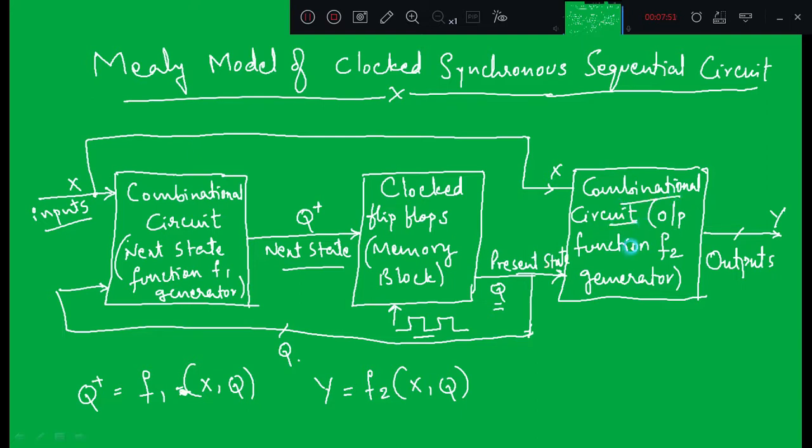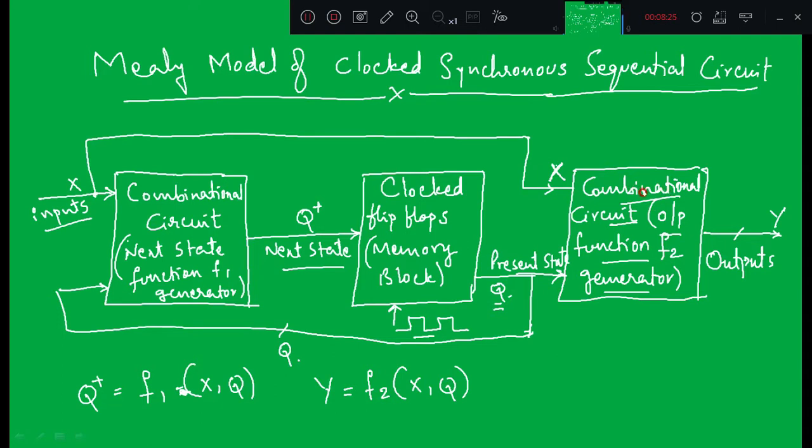And for the first time, when there is no data in the memory block, for Q plus only capital X will act as the input, right? So for the actual output, that is capital Y, the present input capital X, as well as the present state Q, will act as the input, right?